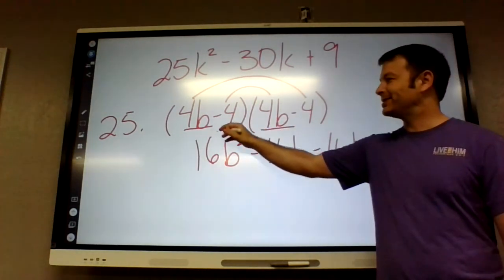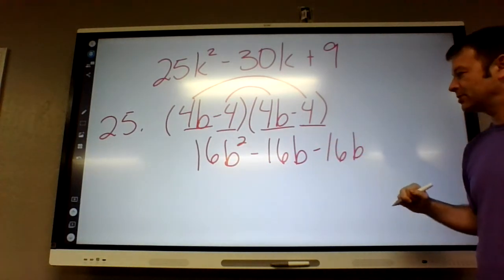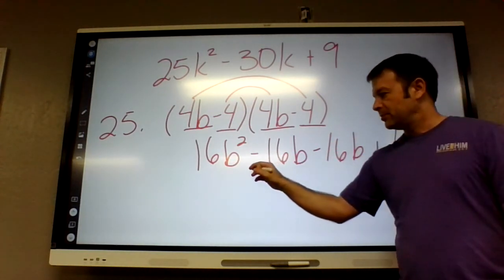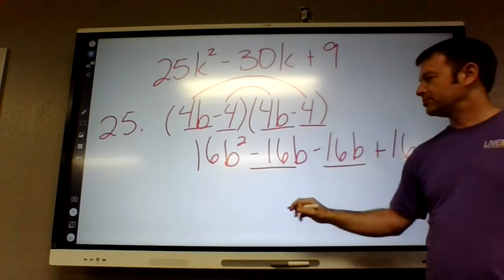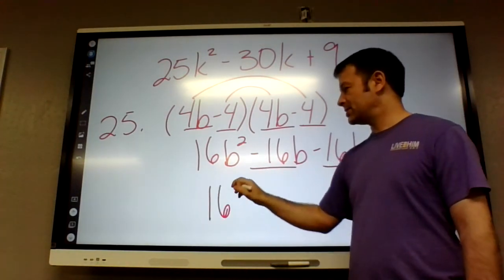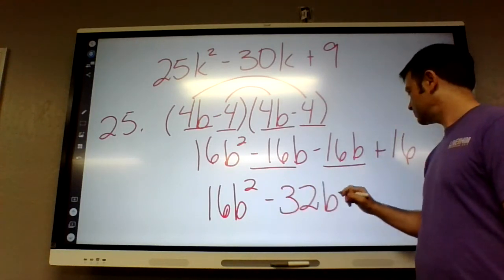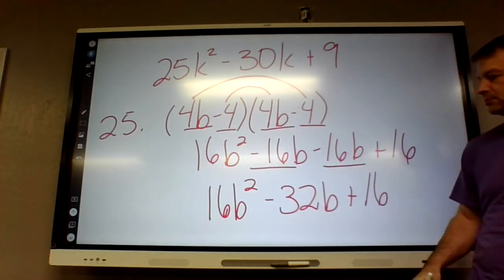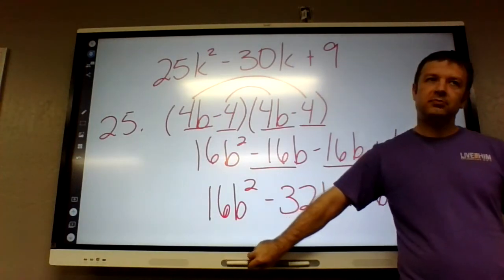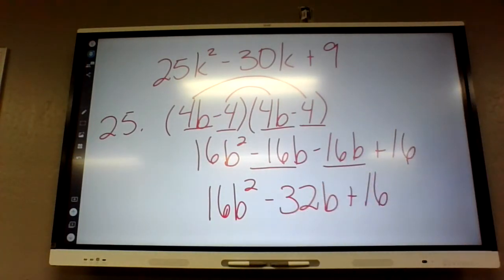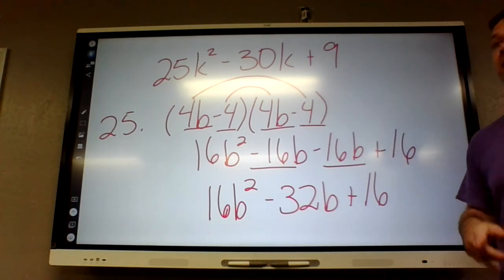And then last is negative 4 times negative 4. Positive 16. So then combine like terms. What's negative 16 minus 16? Negative 32b. Of course, your calculator can't do the letters part of this, but it can do the negative 16 minus 16 part. So if you need help with that, yeah.